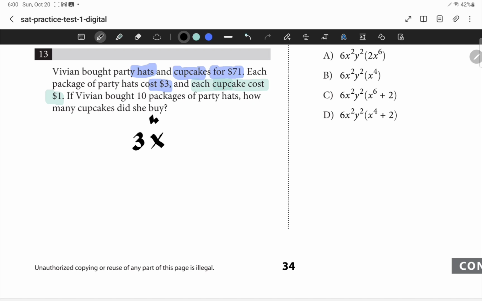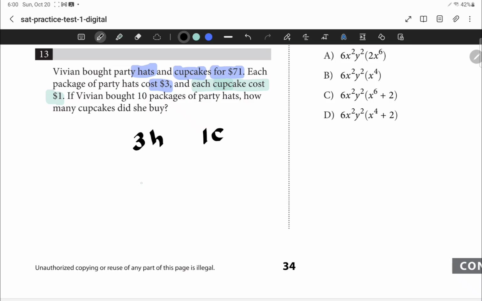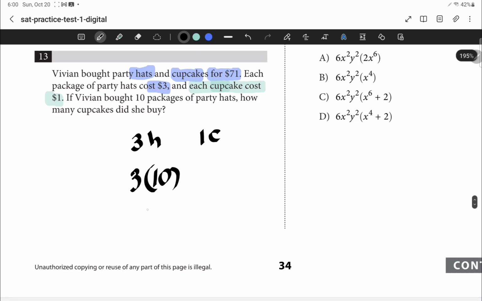And just to make it easier on you guys, we're going to use H for hats and C for cupcakes. Cupcakes are going to cost you $1. Hats are going to cost you $3. So how many packages of hats did you buy? 10. All right. So now 10 times 3 is equal to what?